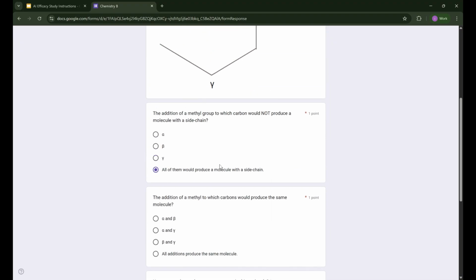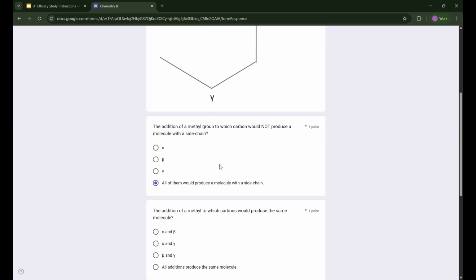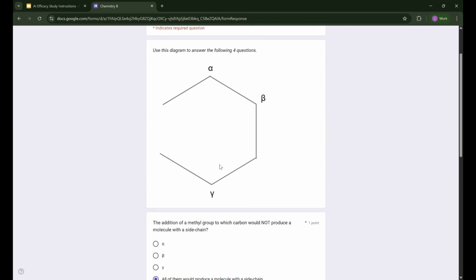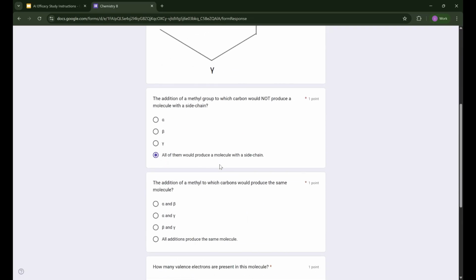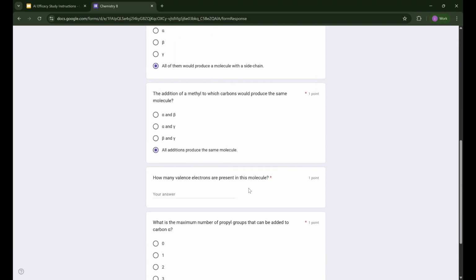Yeah, I don't really understand what it's getting at here. How could it be the same molecule? Yeah, I don't know. Let's just guess.